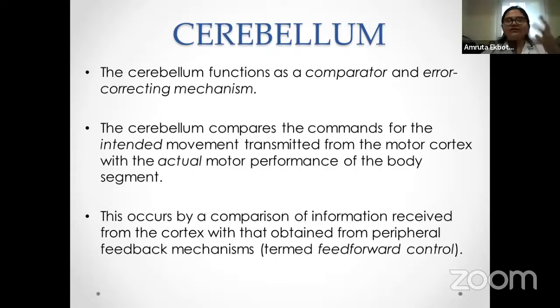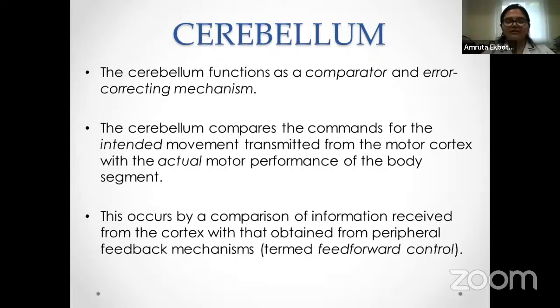Okay, so what instructions have been given from the motor cortex to the cerebellum? The cerebellum registers it and compares it with the movement that has actually occurred, right? So if there is any discrepancy in the movement that has occurred, it is the job of the cerebellum to recorrect and maintain the smoothness of the movement.